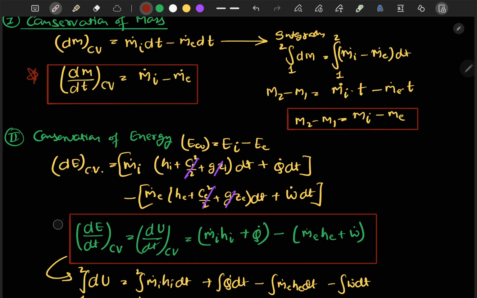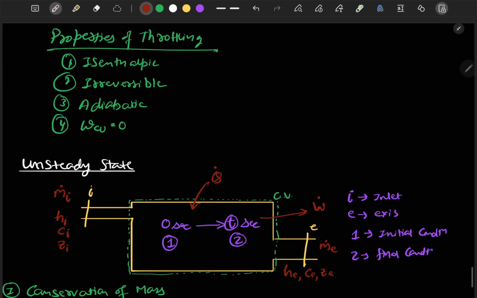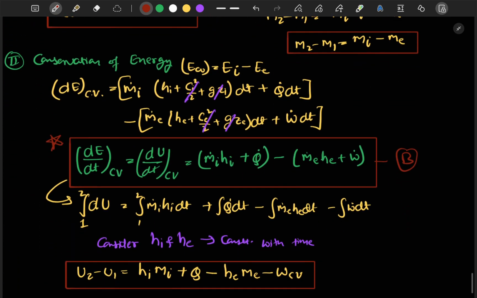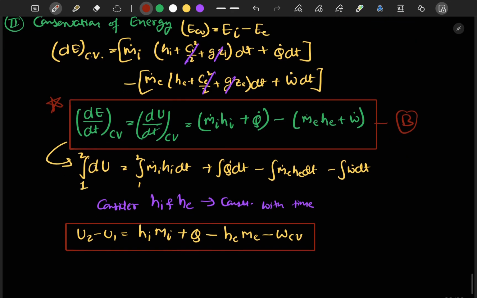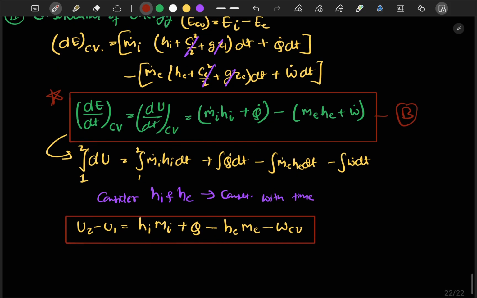You can always derive the next equations by yourself. A and B are the main crux of the study of unsteady state flow processes. In the next session we will be doing some questions on unsteady state, and we will use these equations to solve them.